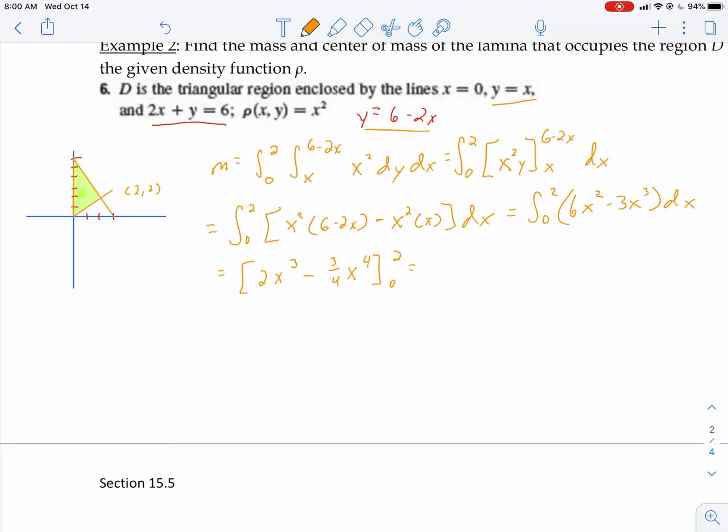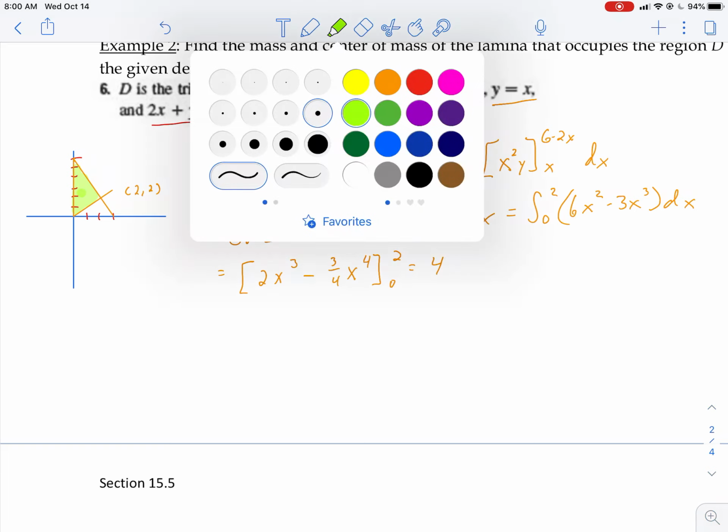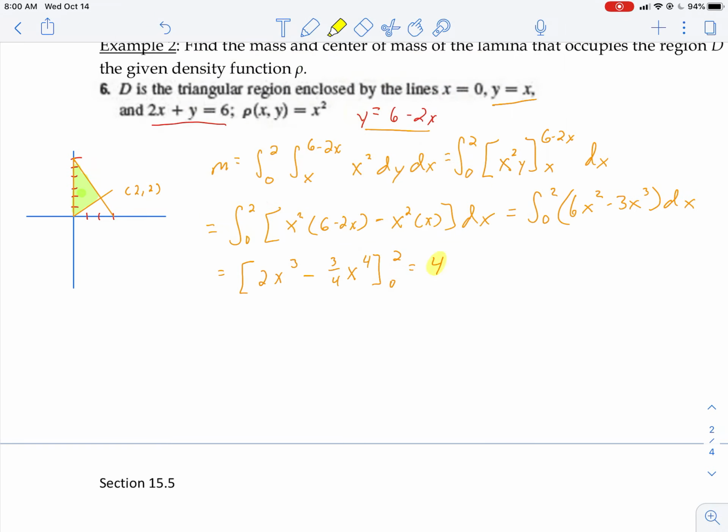That's going to give me, plug in the 2, 8 times 2 is 16. Plug in the 2, 16, 4, 4, 12. So 16 minus 12 is just 4. All right, so there's my mass. We want to find the mass and the center of mass. So now let's find our center of mass.